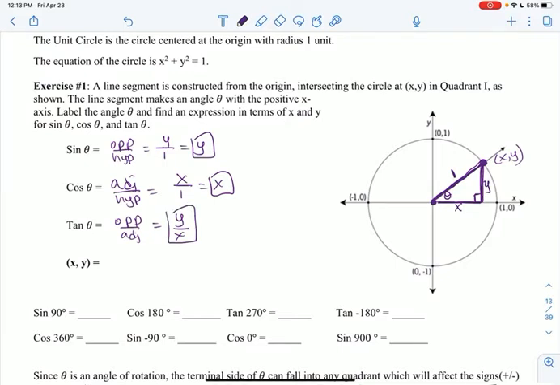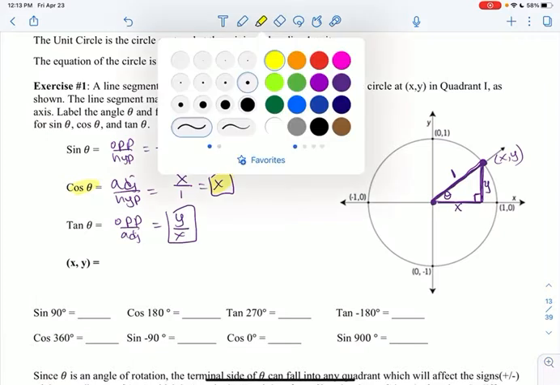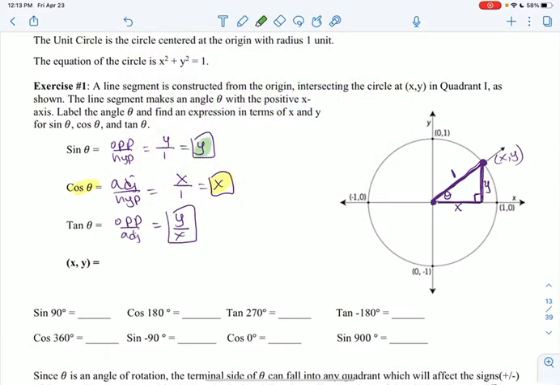So (x, y), this is important. Look right here: my x is my cosine of theta, and my y is my sine of theta. So (x, y) is really, I'm going to put some stars here, (cosine of theta, sine of theta). Cosine of theta was equivalent to x, and sine of theta was equivalent to y.